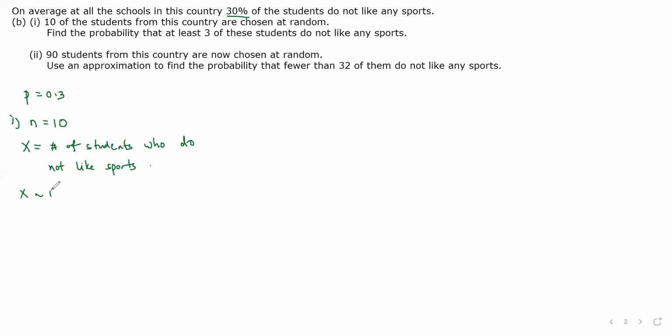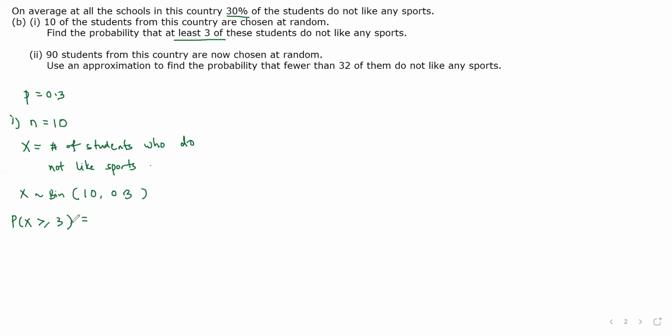Then X follows a binomial distribution with n equals 10 and probability of success equals 0.3. We find the probability of at least 3, X greater than or equal to 3. That will give us the probability X equals 3, X equals 4, until X equals 10.